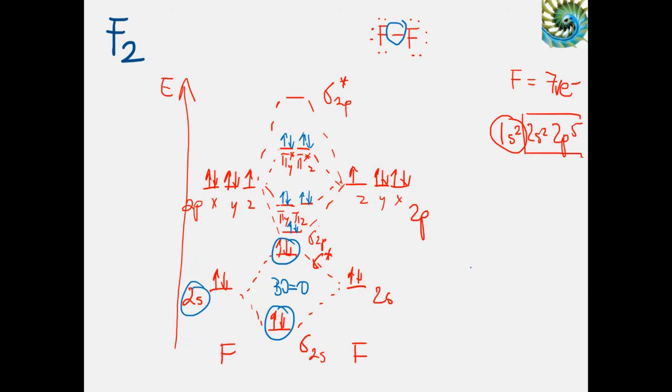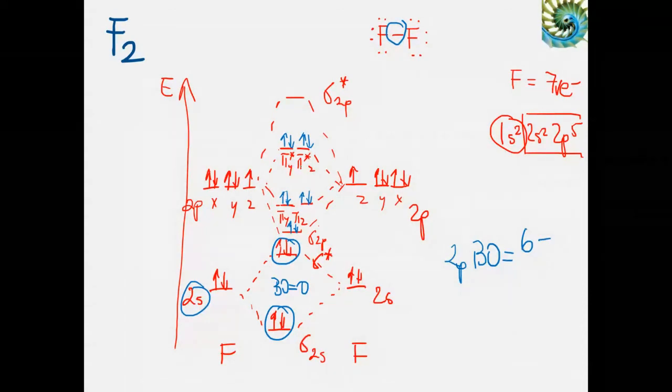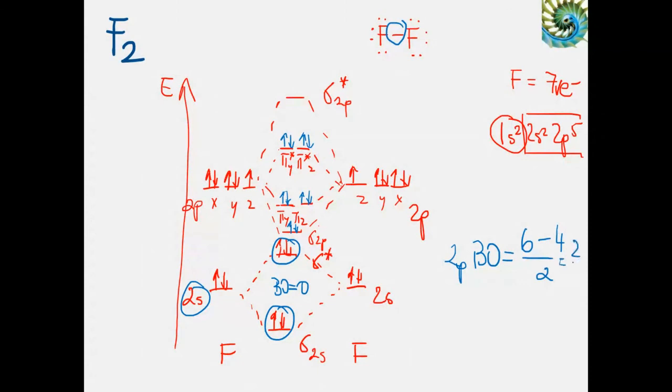And think about it this way: for the 2p orbitals, the bond order will start with the electrons that are on the bonding orbitals, and we have 6 electrons here, 2 on the sigma bond and 4 on the pi bond, minus the number of electrons on anti-bonding orbitals, and in this case we have the electrons on the y and z orbitals, and there are 4 of them, and you divide it by 2, so that's 2 over 2 equals 1.